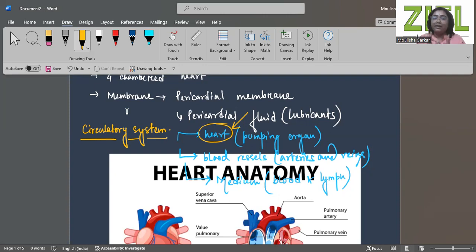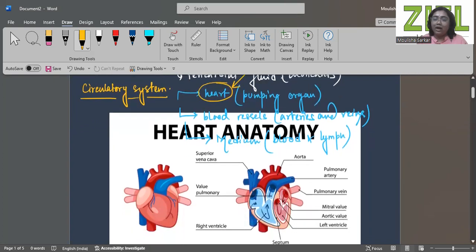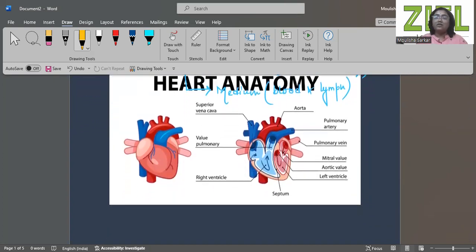But we will mainly focus on how the blood is passing through the heart only. For that, first of all, we need to have a clear idea on the structure of the heart itself. So let's discuss that. First, I will show you a diagram of the heart. As you can see in this diagram, it's showing the heart anatomy, the complete anatomy.